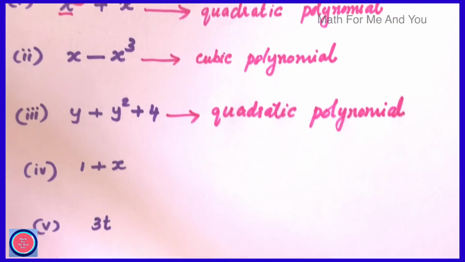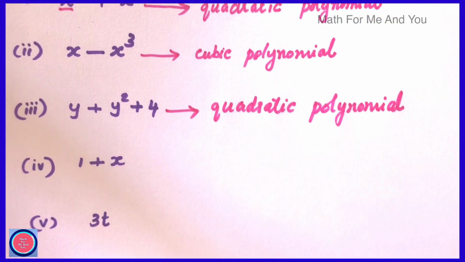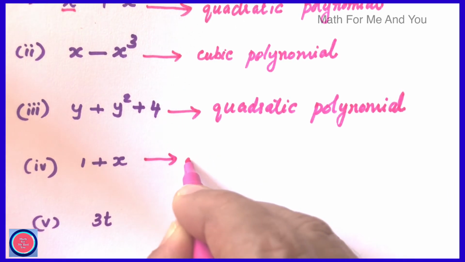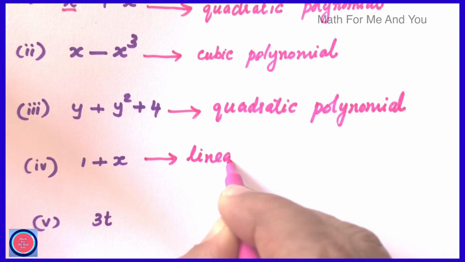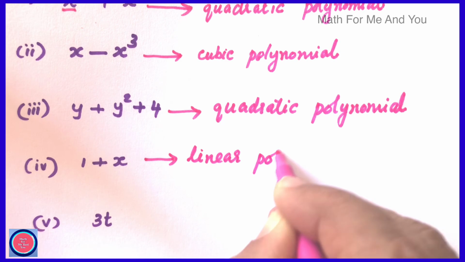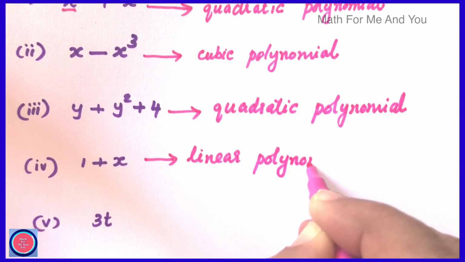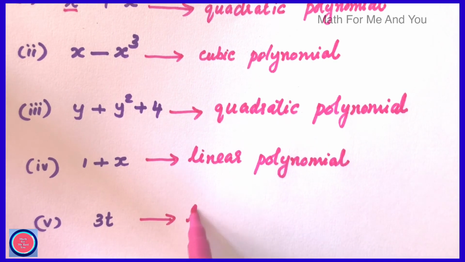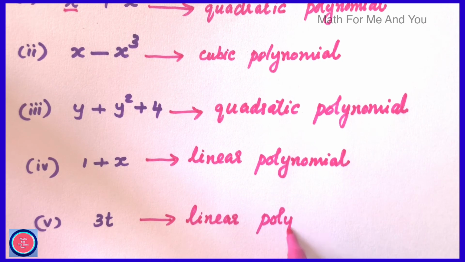Next one, 1 plus x. x with the power 1, that means it is of degree 1. Degree 1 polynomials are linear polynomials. So 1 plus x is a linear polynomial. What type of polynomial is 3t? It is also a linear polynomial because the highest power is 1, that means degree 1.